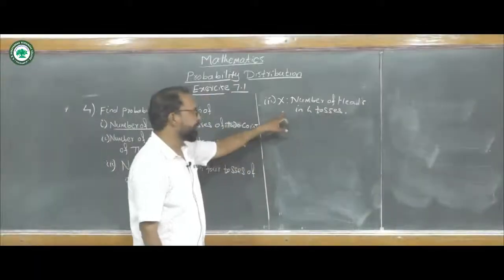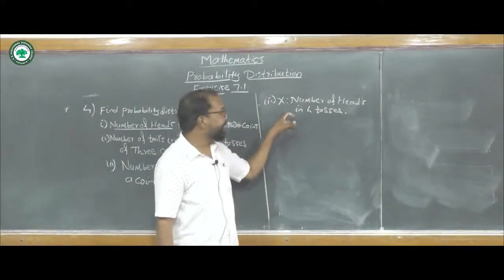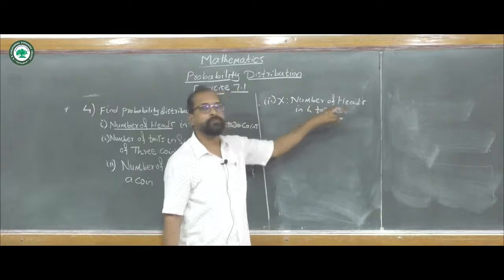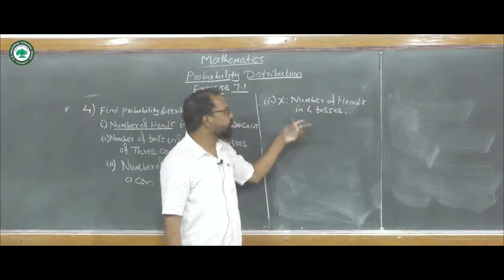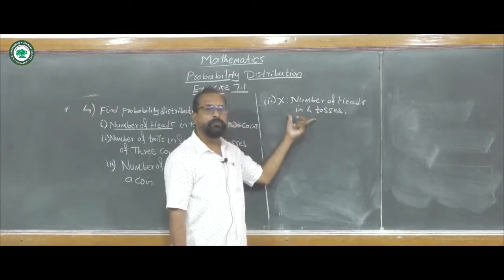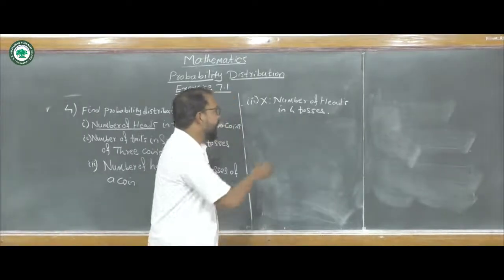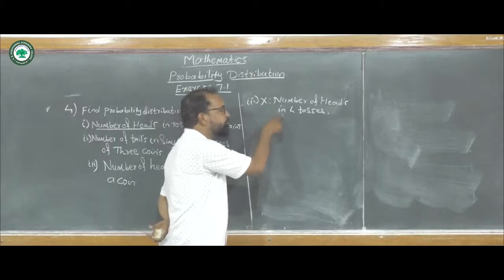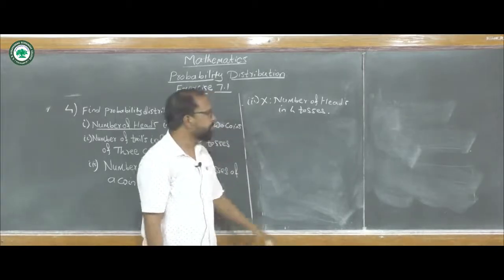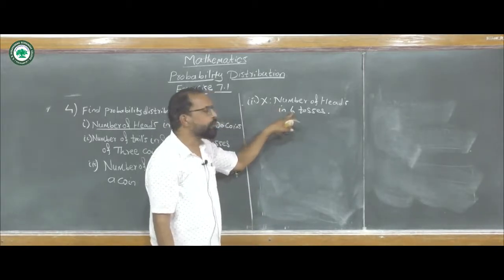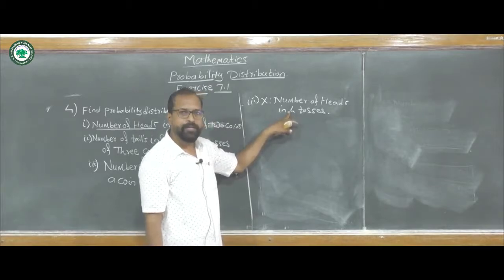Now for the third case, suppose X is the number of heads in 4 tosses. Here, to find this probability distribution, we use a different method, because writing the sample space of tossing 4 coins is difficult.